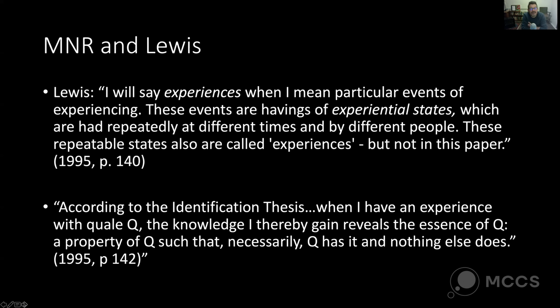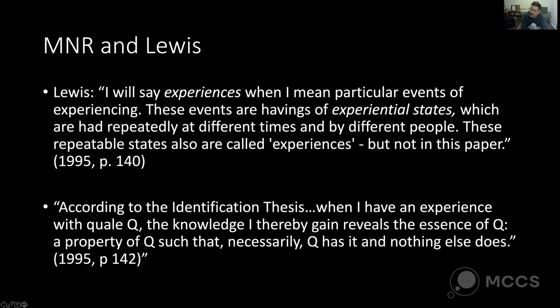And then he says, these events are the havings of experiential states which are had repeatedly at different times and by different people. So notice that experiential states here are things that people have. They're properties of people.